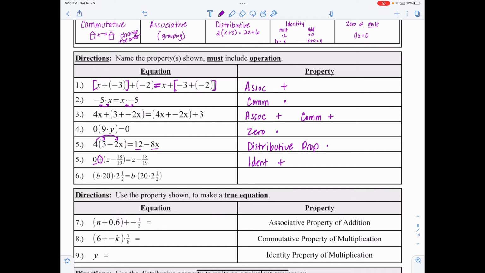Let's look at the order of the numbers: b, 22.5, b, 22.5. So the order is the same, but the grouping is different, and grouping is the associative property. What operation? That's multiplication.